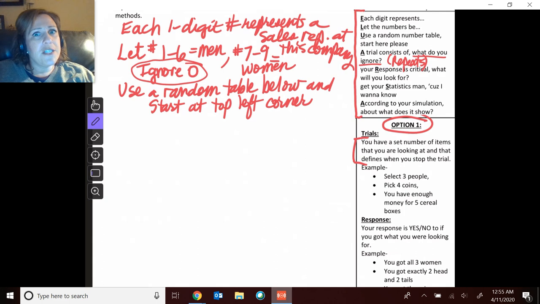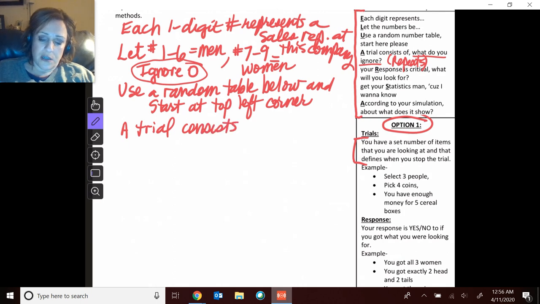That's just another check to make sure you're covering all your bases. All right, so a trial consists of picking 3 sales reps to go on the trip.